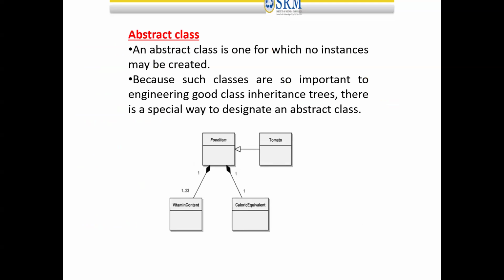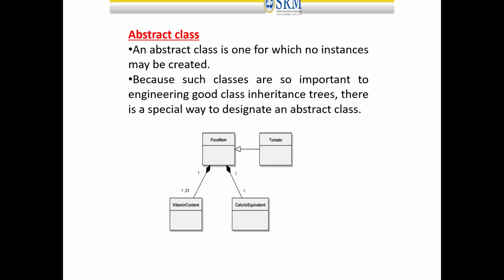So this is an abstract class. An abstract class is one for which no instance is created, because such classes are important to engineering good class inheritability. This is a special way to designate an abstract class. Here you can see the abstract class is one for which no instance will be created.